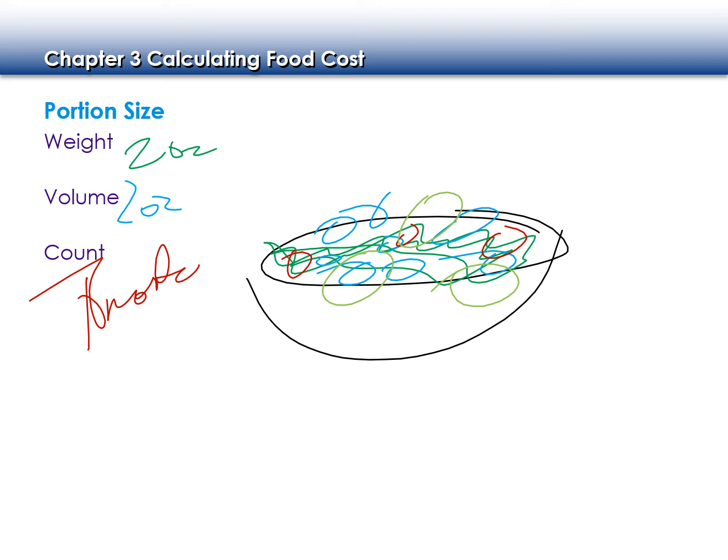Expo is sitting up at the window and bringing tickets, making sure your pan or your tray has everything that's going out to that table and everything on the plate looks exactly the same. Exactly, right? So let's say I'm the line cook. I have an order for a steak with a loaded baked potato and broccoli.